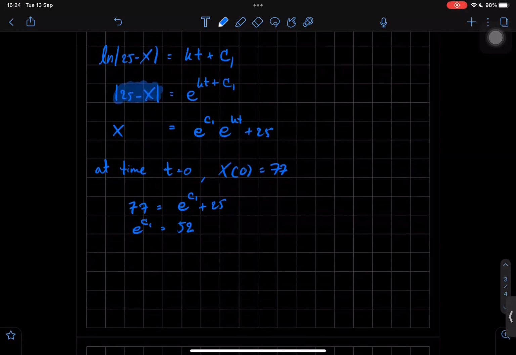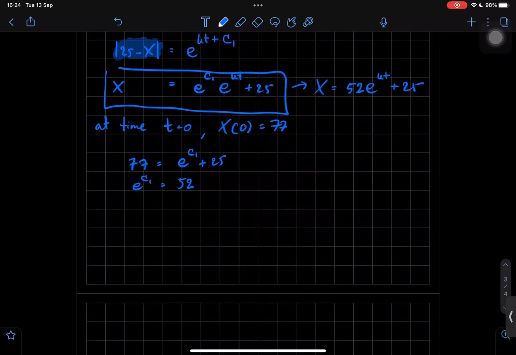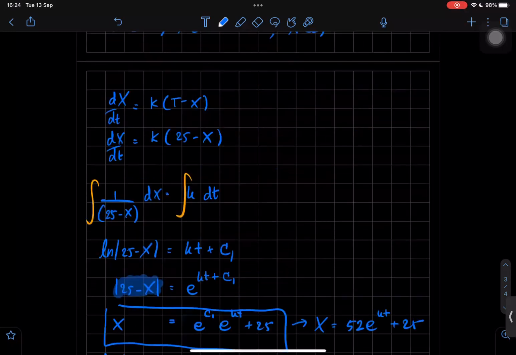Okay, so our answer will update to 52 e to the kt plus 25. Then we know at t equal to 2, x(2) is equal to 51, right?